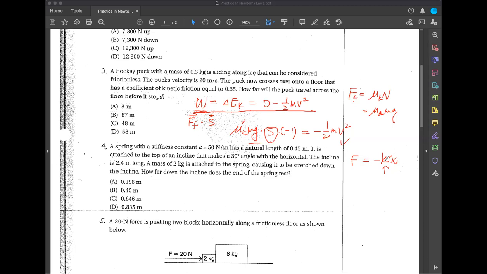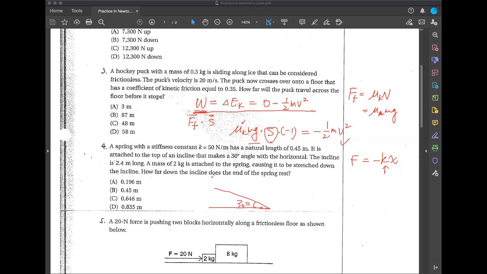First, we need to get a clear picture of what's going on. So first, we have an incline with an angle of 30 degrees, right?